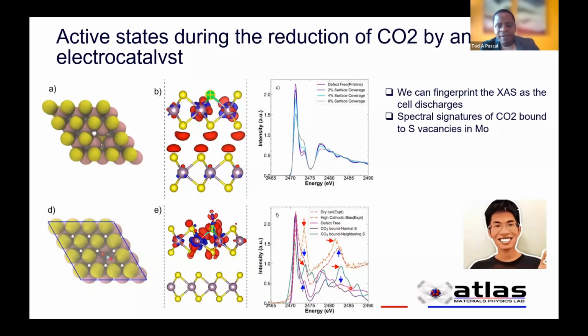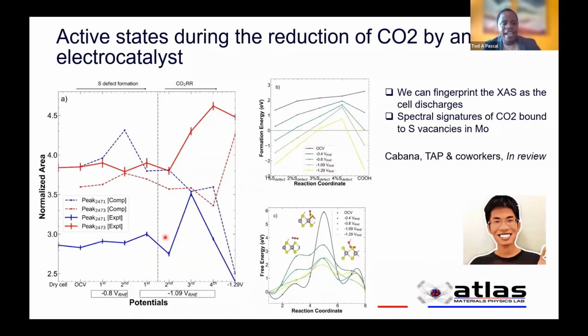But also, if we start then binding CO2 and then doing this at applied voltage, we get the green peak here. And by some wizardry by my really talented grad student Saswat, we're able to effectively track the XAS by looking at the peak areas between this first and second peak. The experiment is shown in blue and red and solid lines, so the different peak ratios.